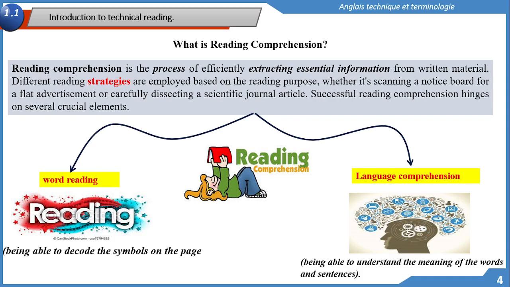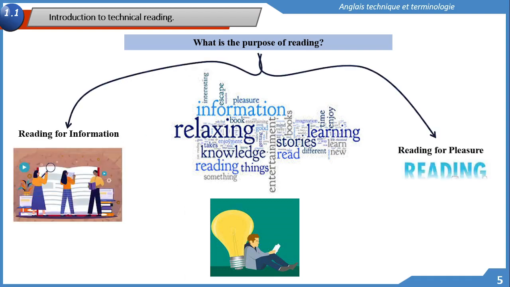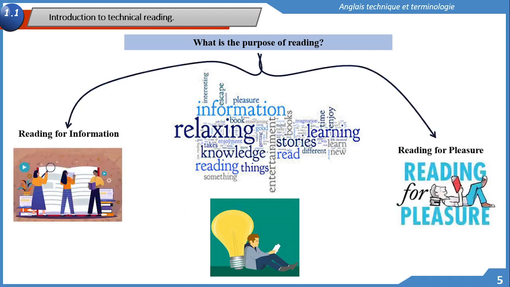Okay, so the second question: what is the purpose of reading? The purpose of reading can be summarized into two main categories: reading for pleasure and reading for information. Reading for pleasure involves reading purely for enjoyment, relaxation, or personal enrichment without a specific goal or objective.